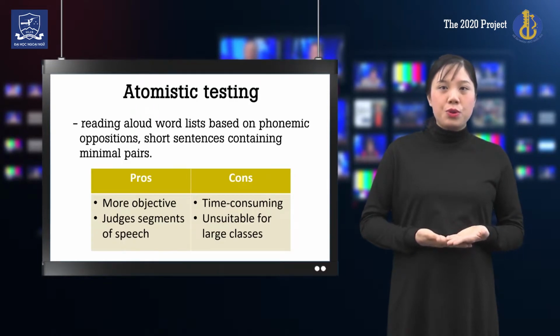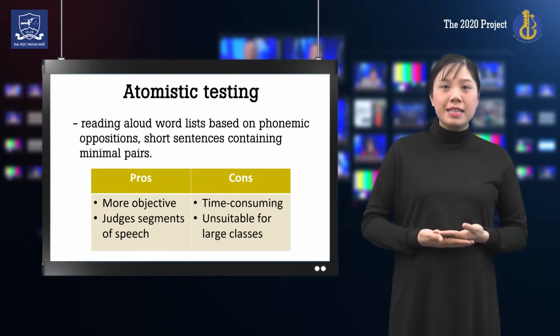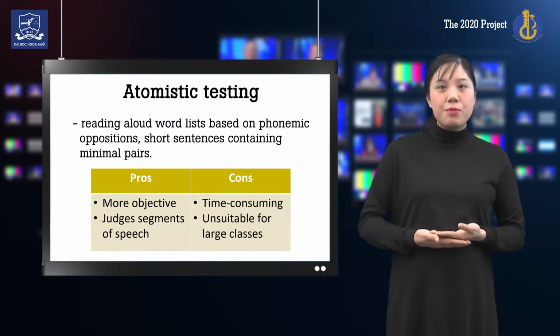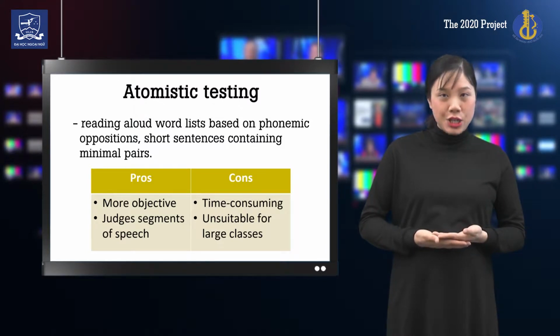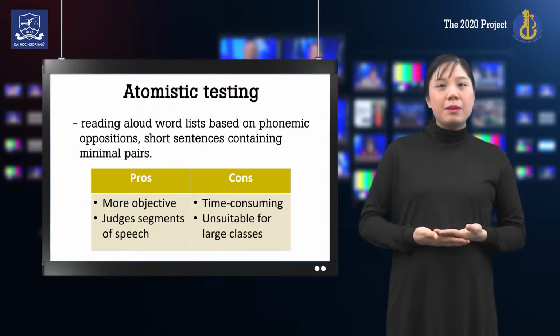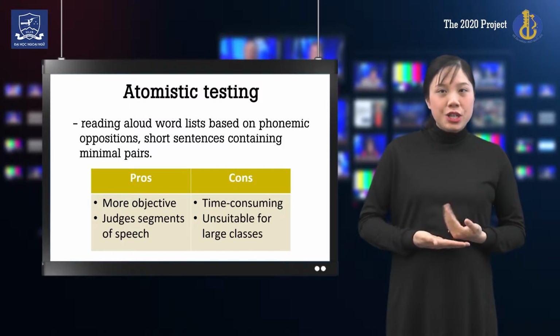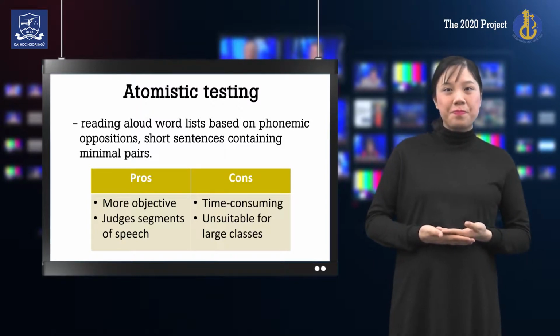The atomistic approach requires a detailed marking scheme in which specific aspects of pronunciation are evaluated separately. It means reading aloud word lists based on phonemic opposition, or short sentences containing minimal pairs, or it also enables testing appropriate sentence accentuation, or sentence stress and intonation.